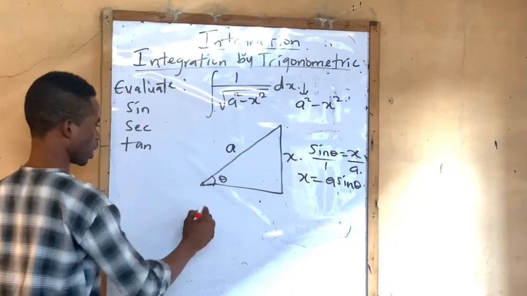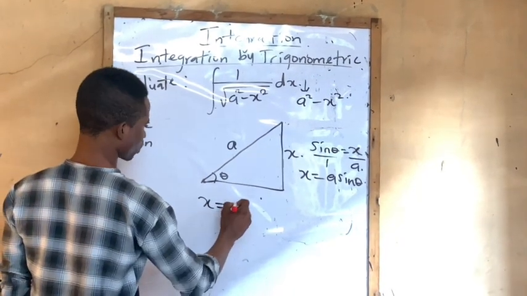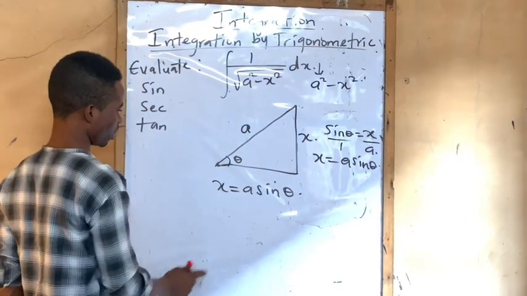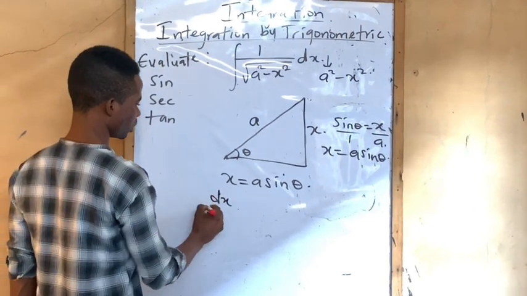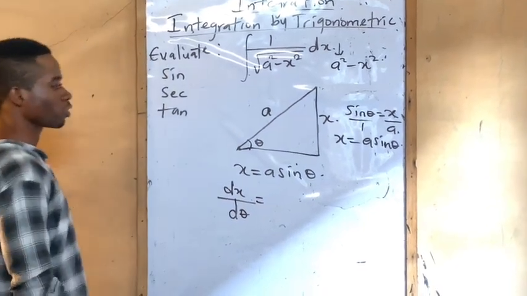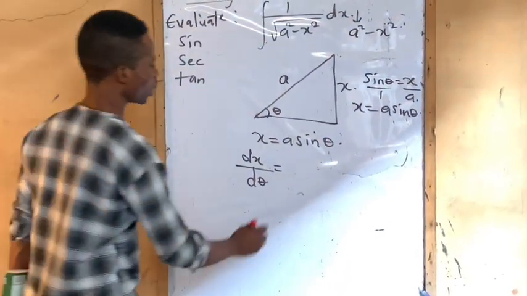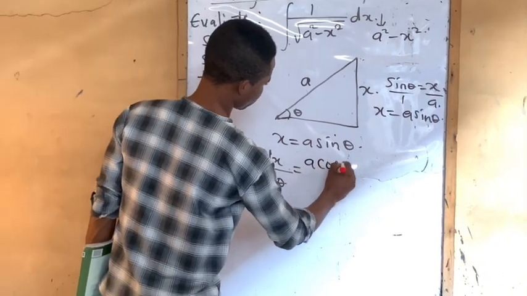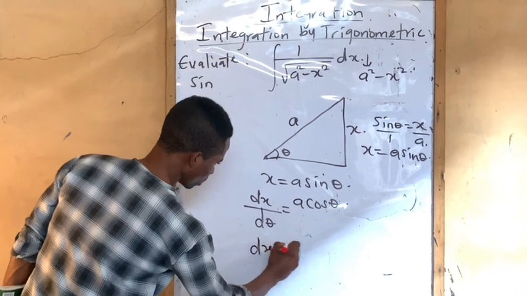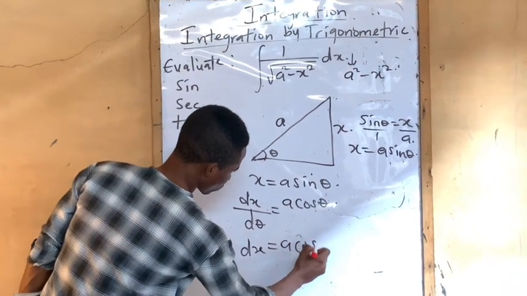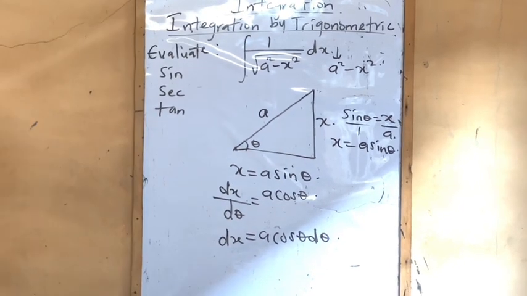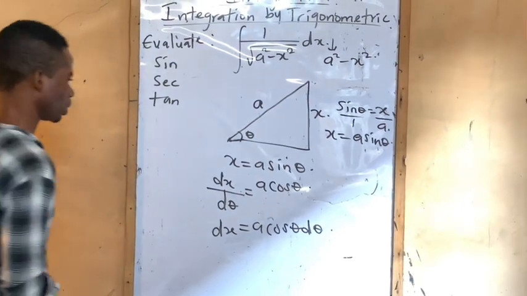The next thing is to find dx d theta. You differentiate x against theta. What is the differentiation of sine theta? That is cos theta. That will be a cos theta. If you cross multiply, dx equals a cos theta d theta.